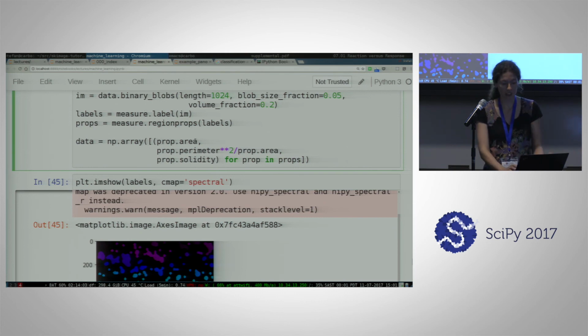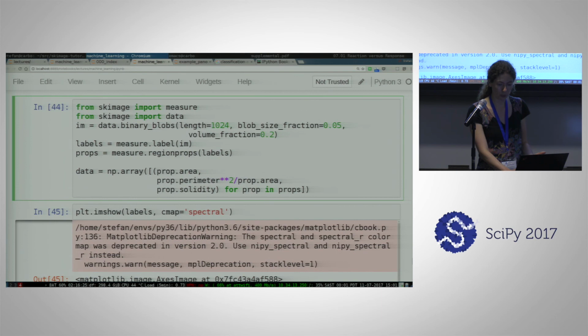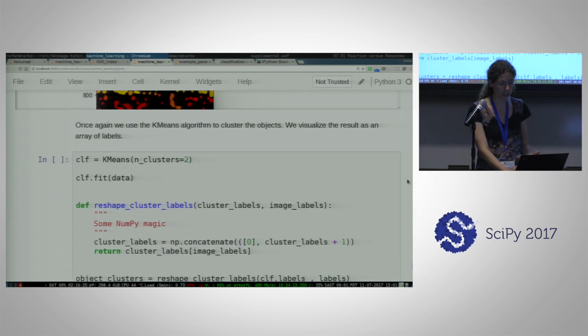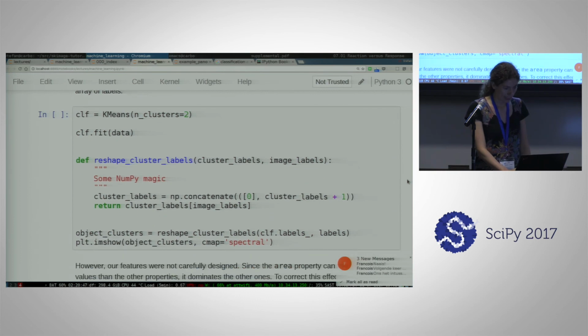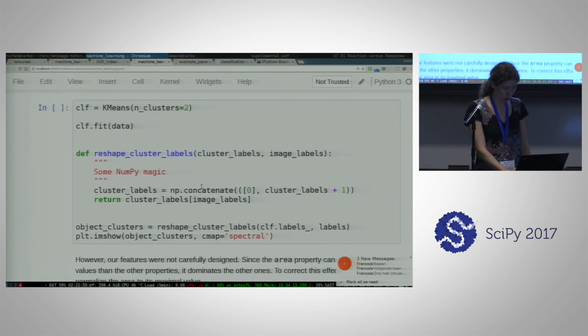So we can do machine learning, and in particular, we can do some classification. So, sorry, not classification, we want to do clustering, because we could, of course, click on some objects and use them as a training set for classification, but here I will be lazy. I will just do clustering, say, okay, algorithm, separate my objects into 2 groups. I want the compact ones and the elongated ones. And so it's quite easy.